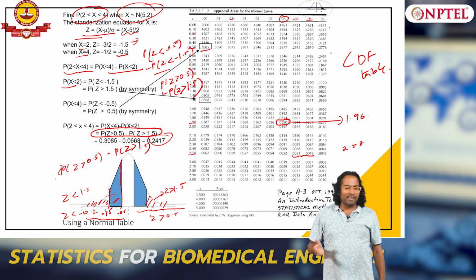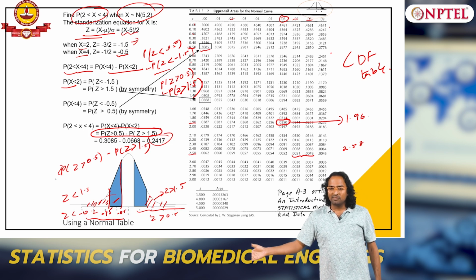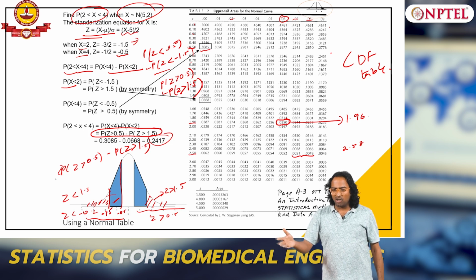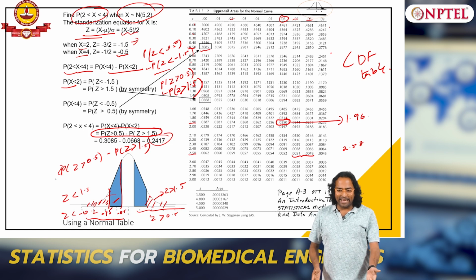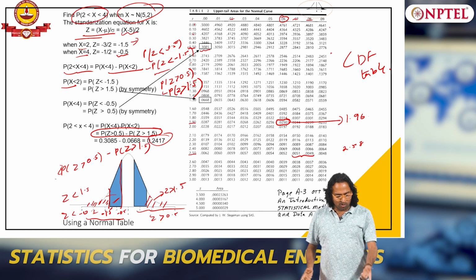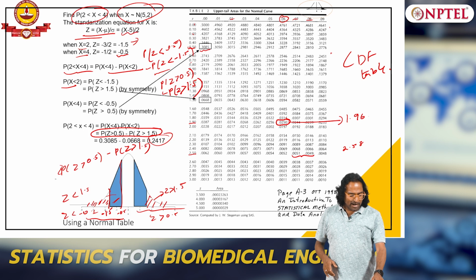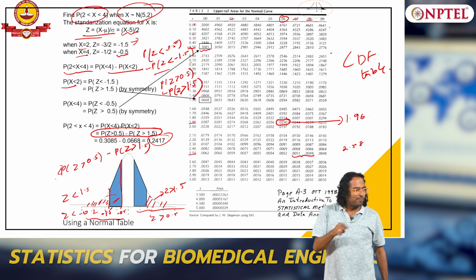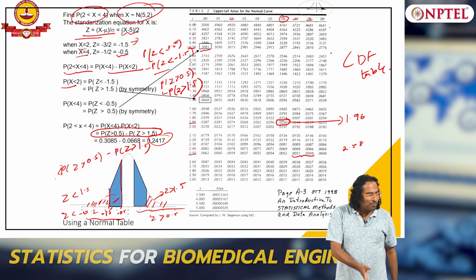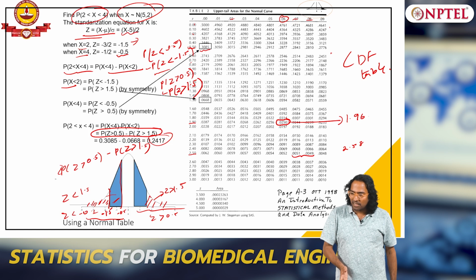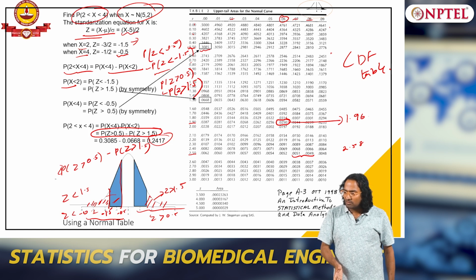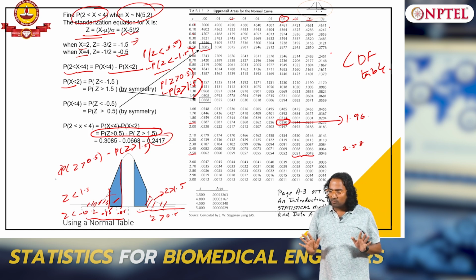Normal 5.01 comma whatever standard deviation is given to you. What is the some volt? 0.08 volt and then 5.0 volt. So x follows normal 5.0 volt comma 0.08, and what is the probability of x less than 4.998? You can compute it from the standard deviation. Can you not compute it? You understand what I am saying?